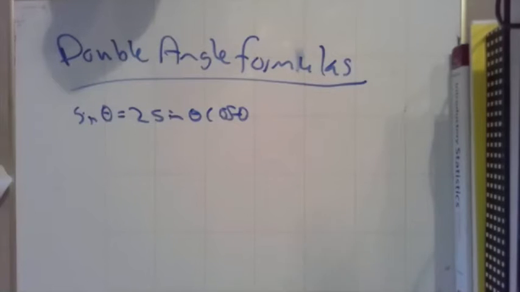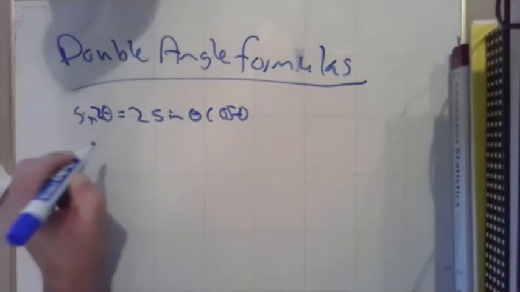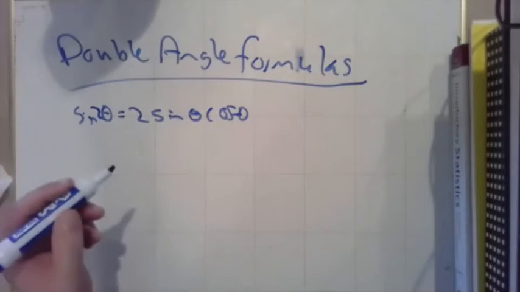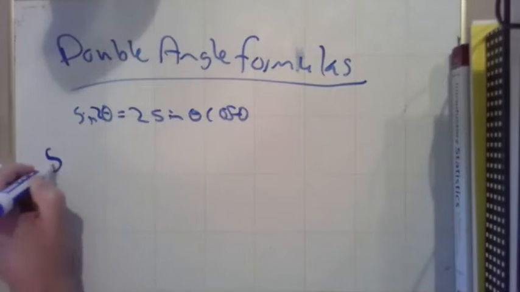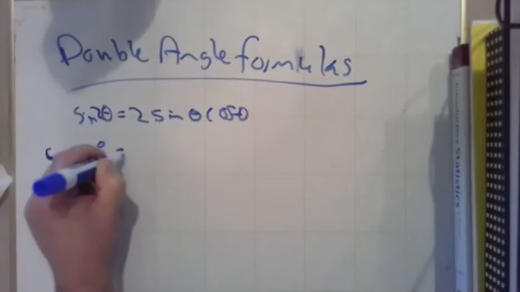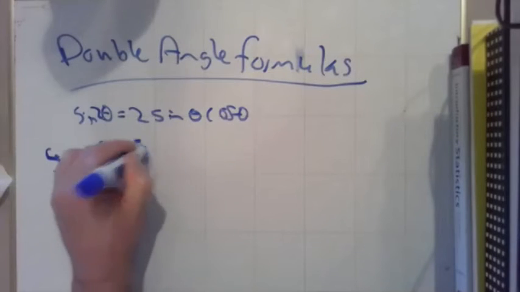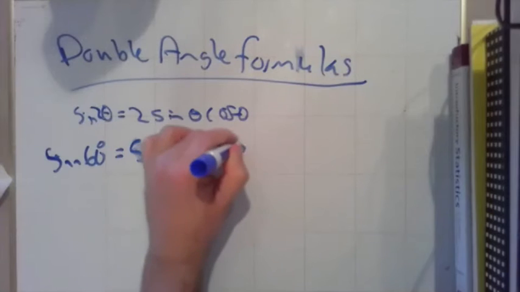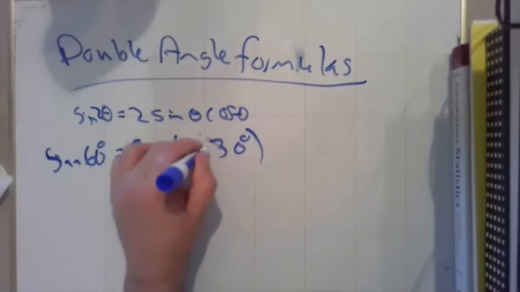So if I wanted to do, I wrote that wrong, sine of 2 theta equals this. If I wanted to use this to find sine of 60, I could say sine of 60, oh, that's sine of twice 30, because 60 is twice 30.